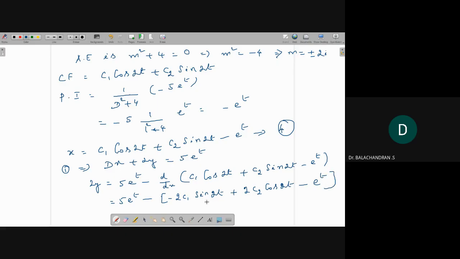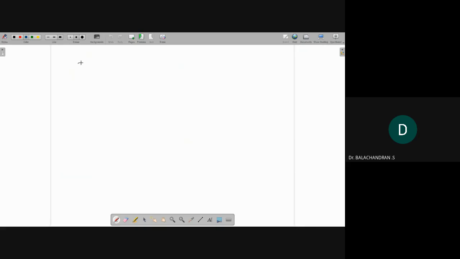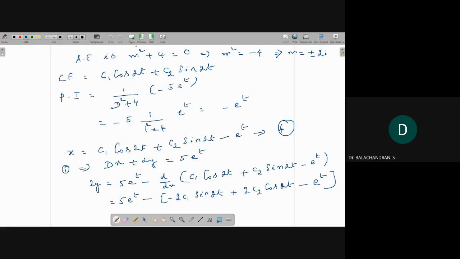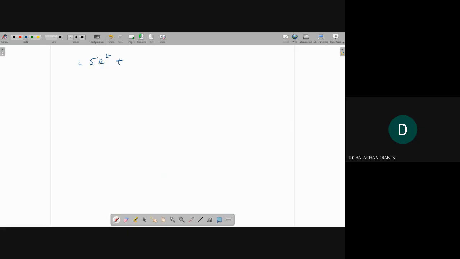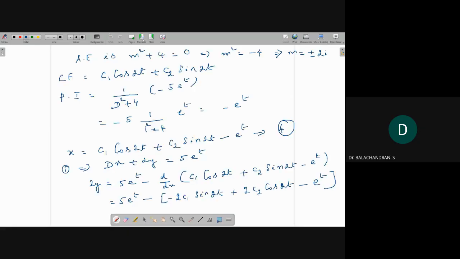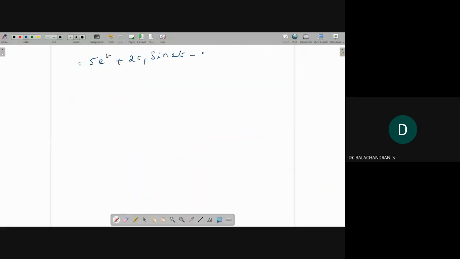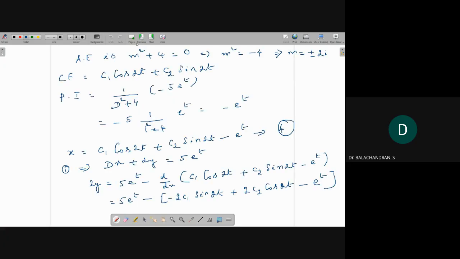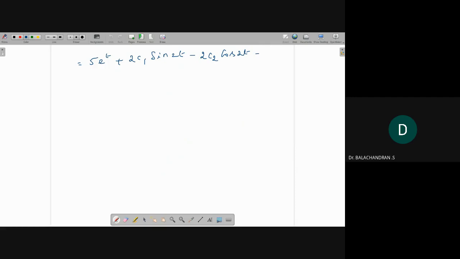So multiplying by the minus sign, we get 5 e power t plus 2 c1 sin 2t minus 2 c2 cos 2t and then plus e power t. So this is actually 2y.